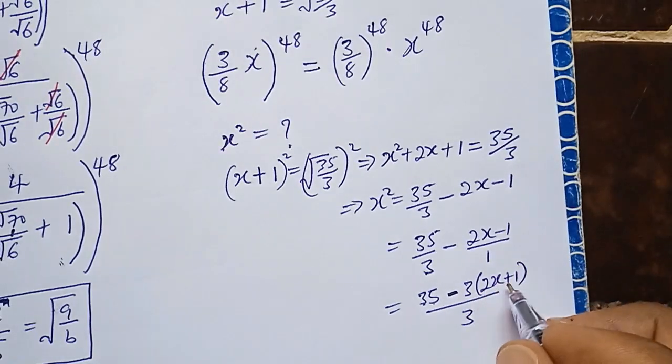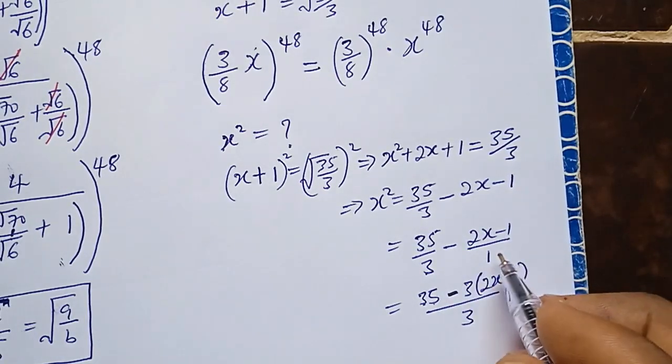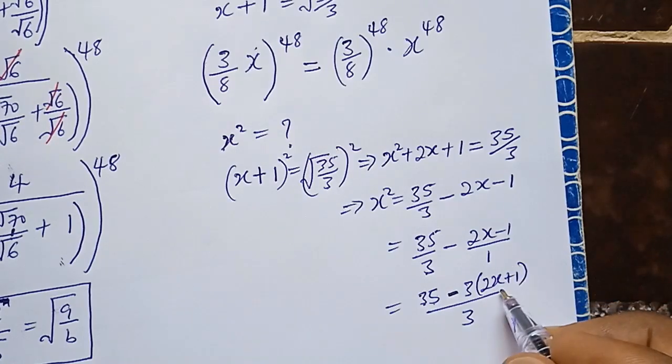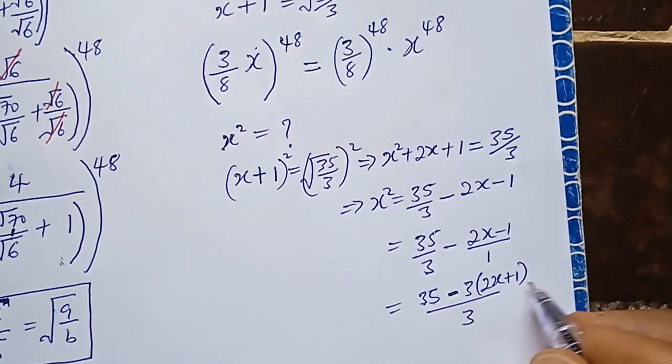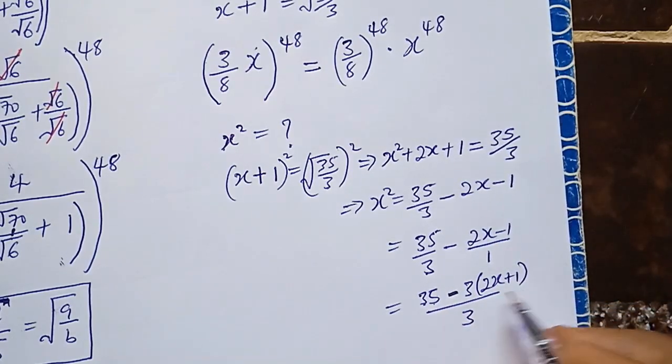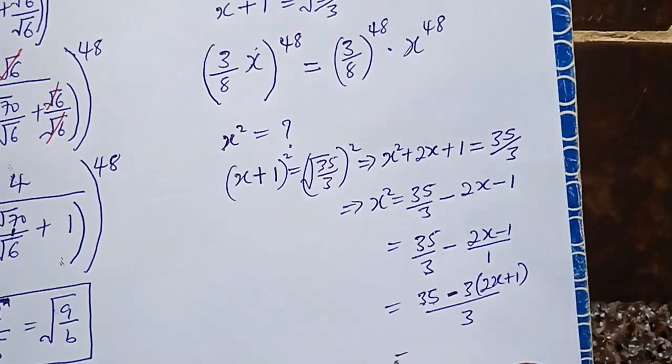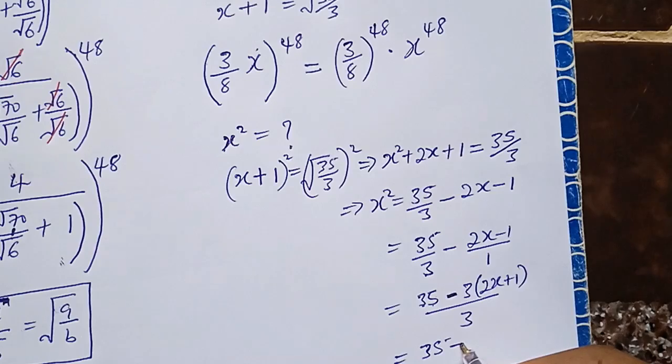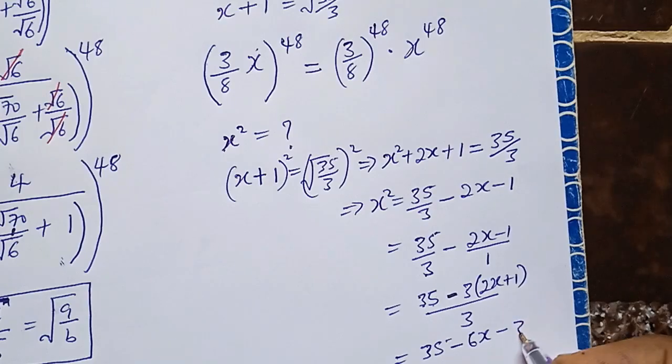So from here we can multiply the bracket with 3, and we have 35 minus 6x minus 3 over 3.